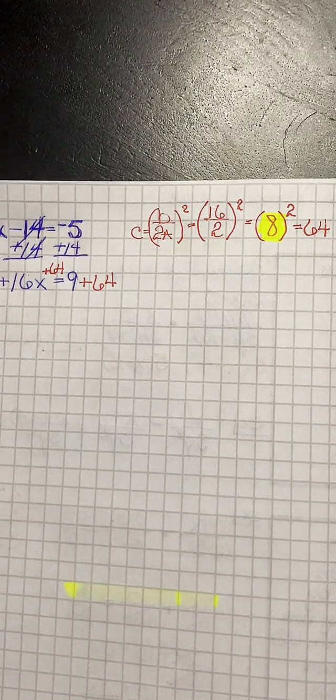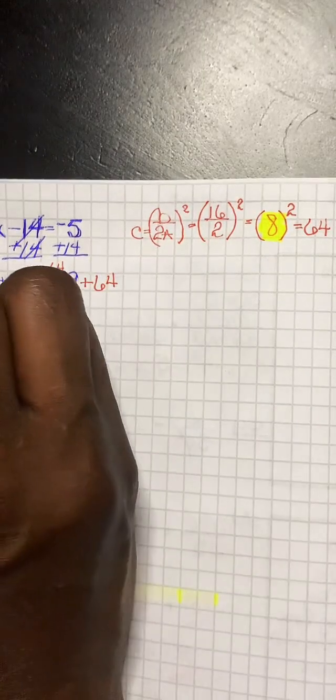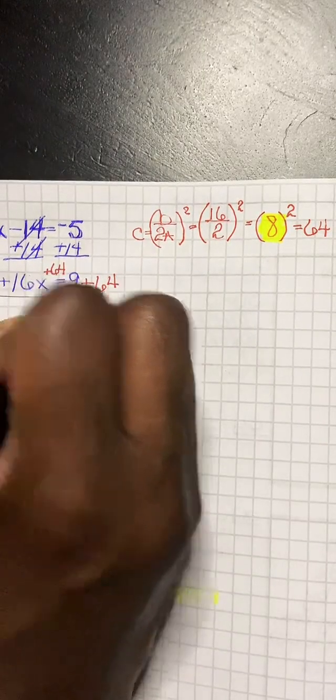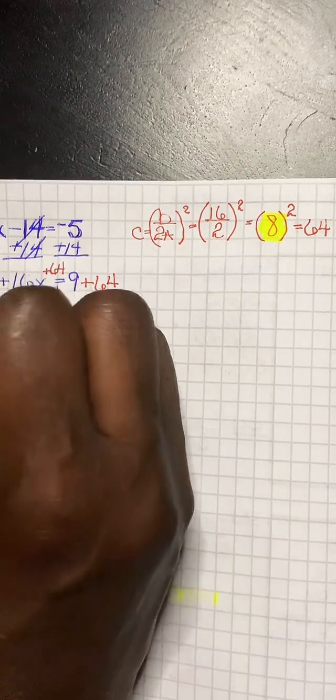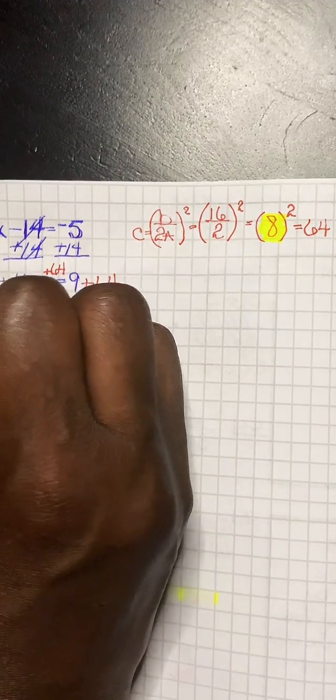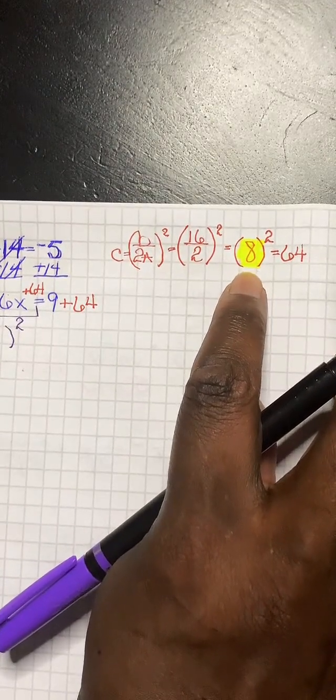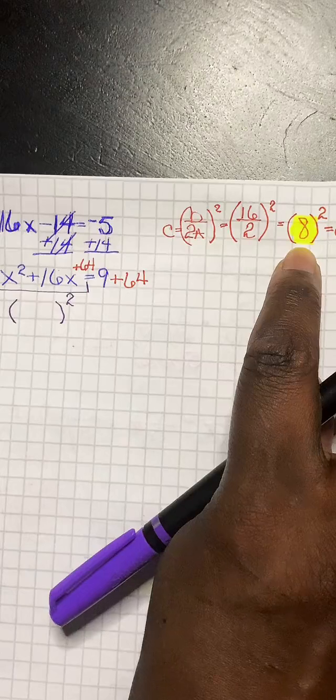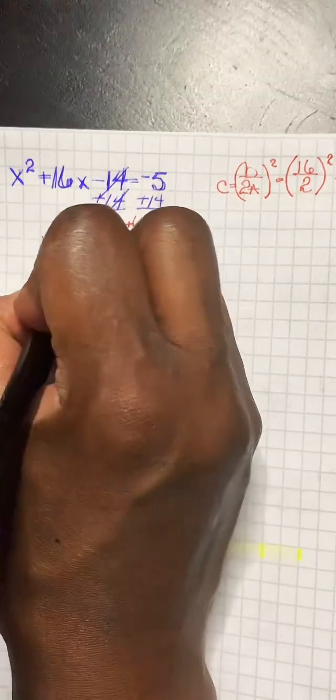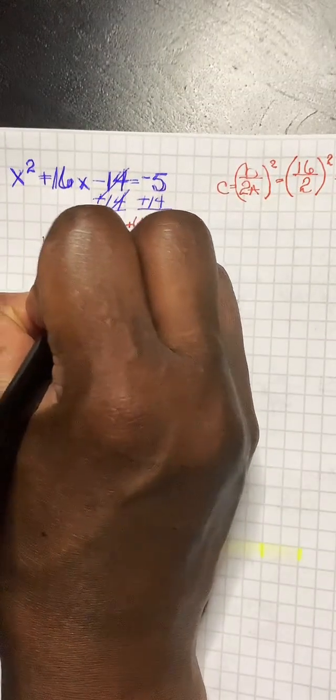All right. So basically, this whole thing can be summarized by whatever we got in between before we squared. And since it was a positive 8, then we got x plus 8.